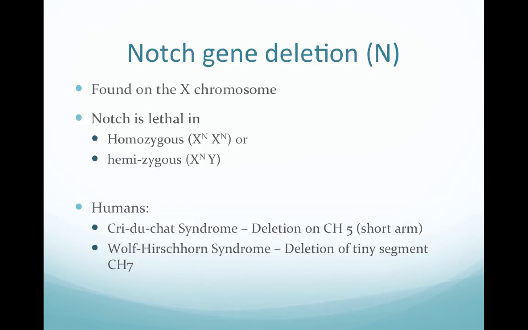But for this example, what we end up getting is that a homozygous female would be lethal because they have two copies of that notched gene. So if those notched genes occur together on the X chromosome, that individual is not going to make it to birth. So those larvae die.